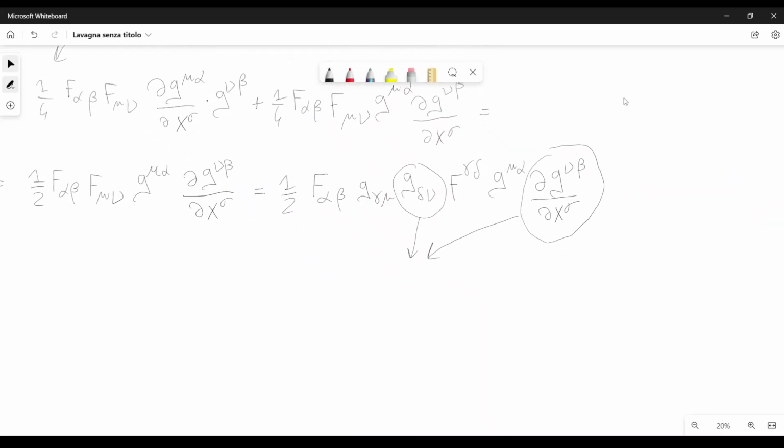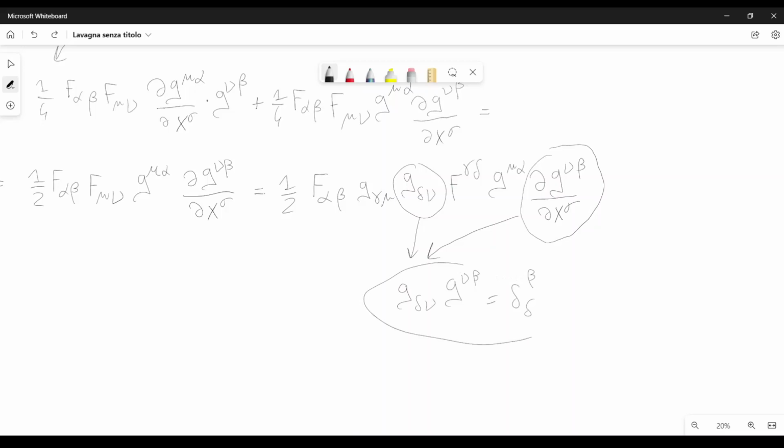And when we multiply those two together, it's easy to see, since G delta nu times G nu beta is equal to the Kronecker delta beta delta. So please do not get confused with these two deltas. This one here is the Kronecker delta, whereas this delta here represents the index.